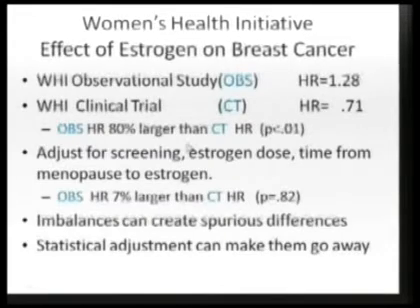These are statistically different. And when he adjusts for screening, estradiol, and time from menopause to estrogen initiation, this difference kind of goes away. So there are situations where, with adjustment in the observational study, you can get close to the result that you get in a randomized trial.